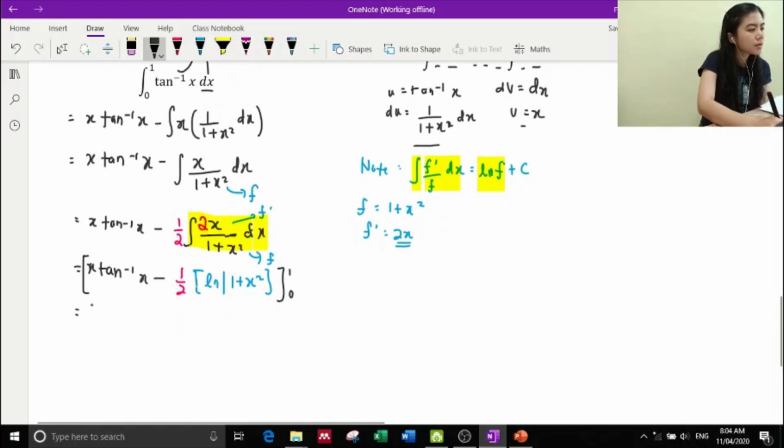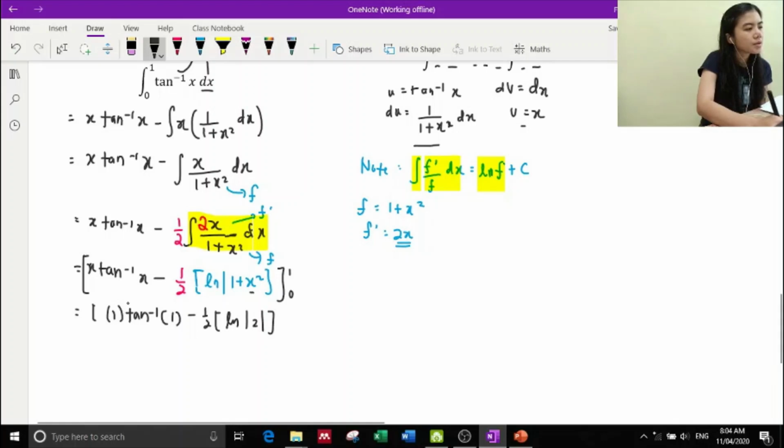If we substitute here, you have 1, and you have the tangent inverse of 1 minus 1 over 2 ln of 1 squared plus 1, which gives you 2, right?